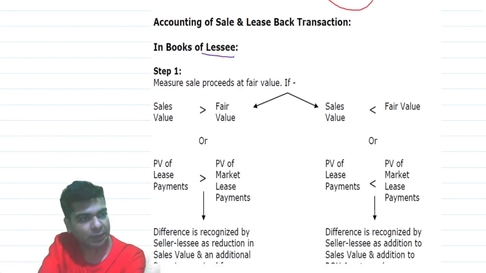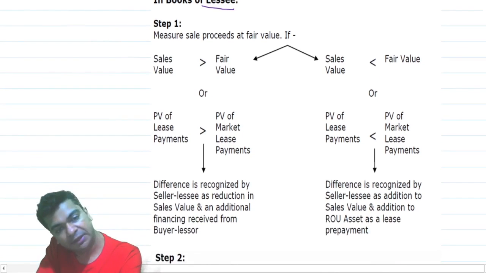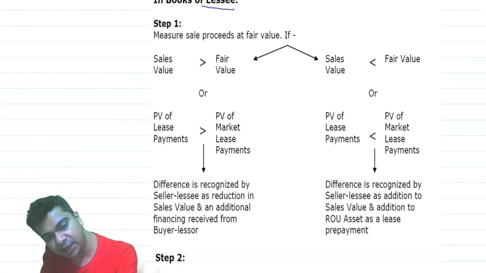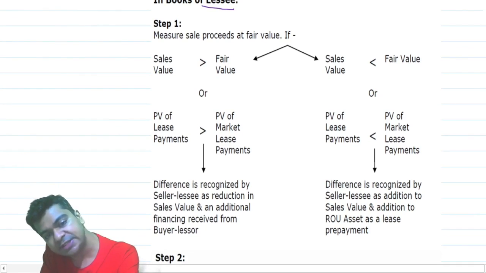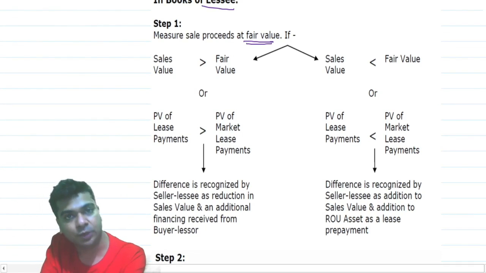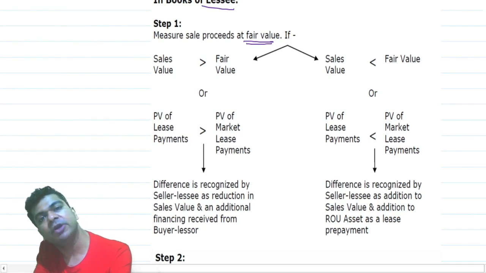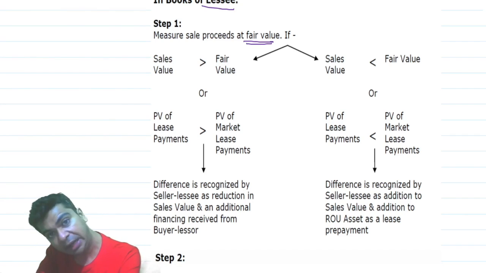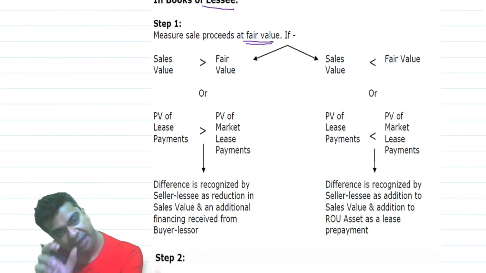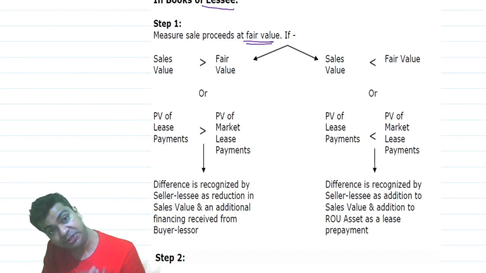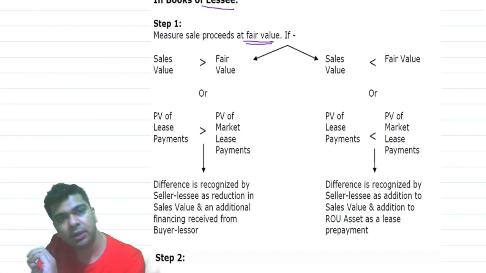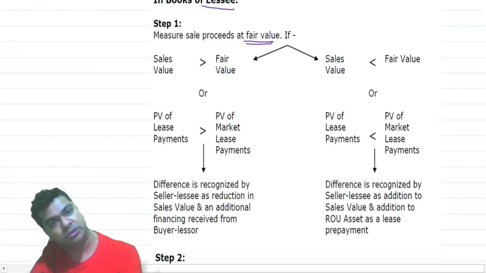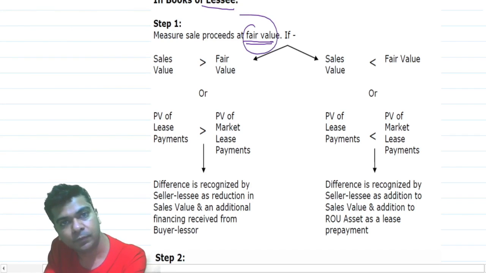The first step in the books of the lessee is that you should measure the sale proceeds at fair value. Whenever you are planning to sell this asset to the other party, it is natural that there shall be bargaining and negotiations. And finally, we will arrive at a price which is mutually agreeable to both the parties. This price which is mutually agreeable, that is what we will call the fair value.